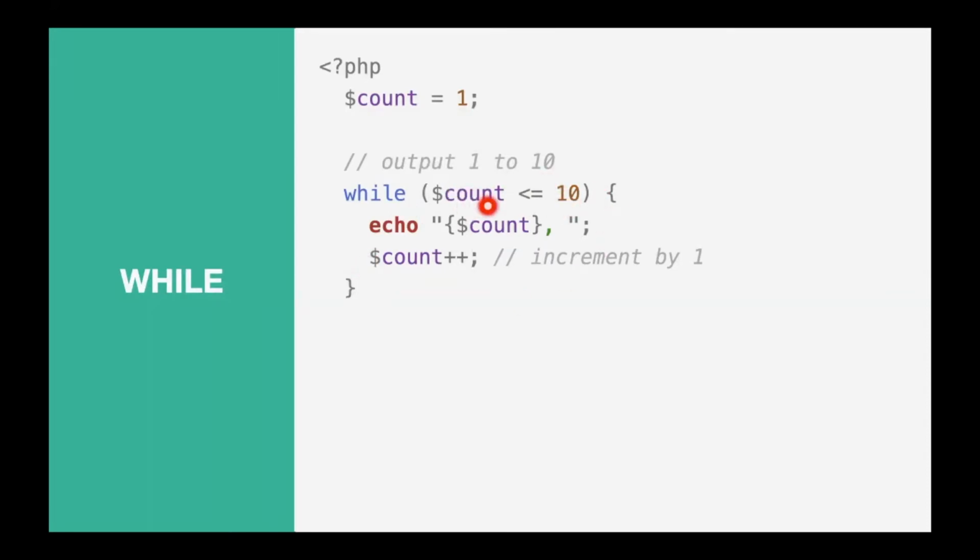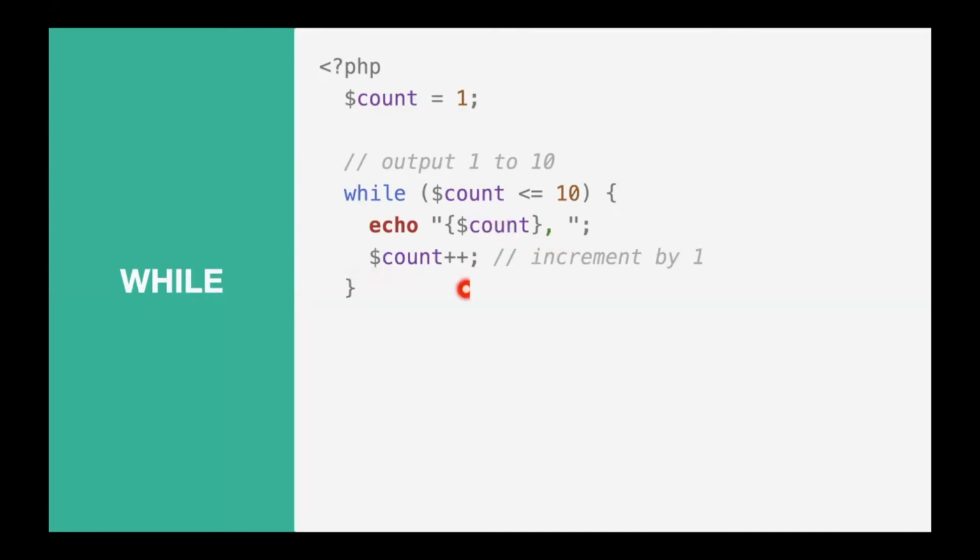So the first time that count is 1, it's going to go inside and execute its code. We have this echo statement, which is going to echo out the count. So it will echo out 1, comma, space.